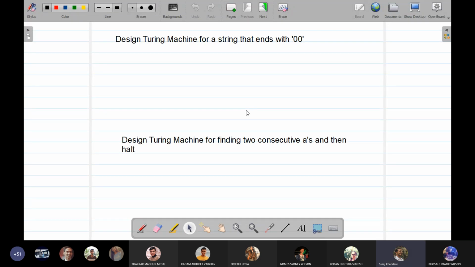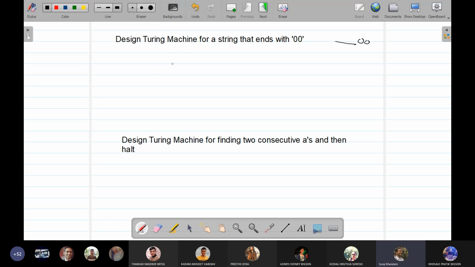For this particular problem, what they have given is a string ending with 00, assuming that we are having 0 and 1 as the input. So zeros and ones are the input, and you can have anything here, but in the end, it should end with 00.